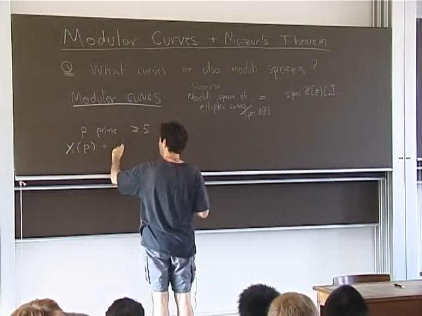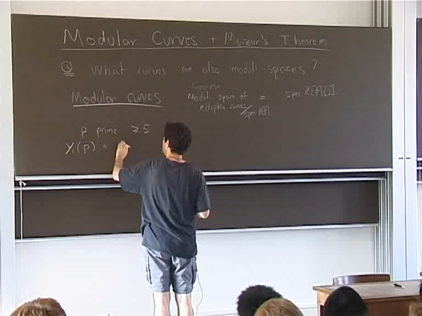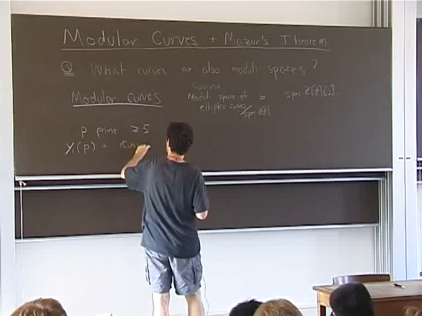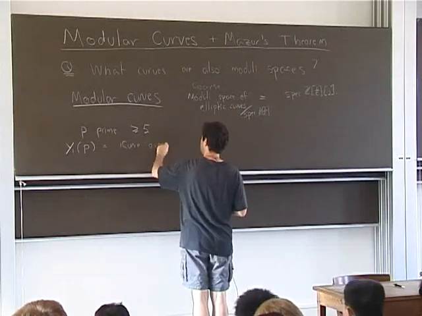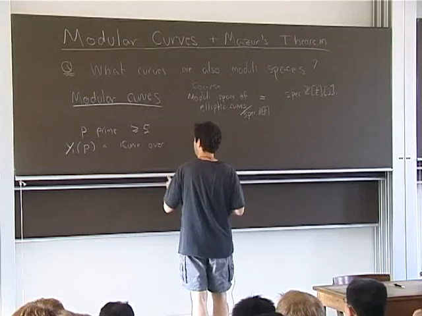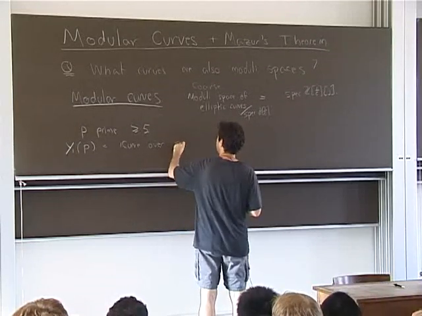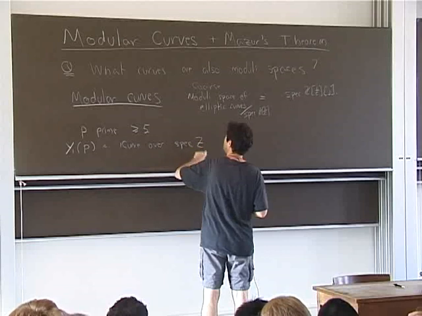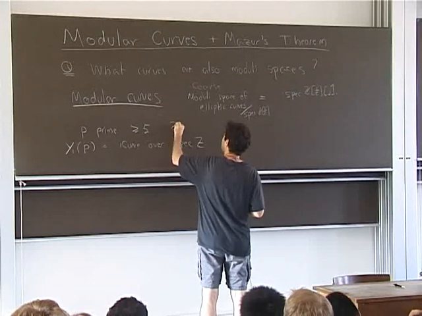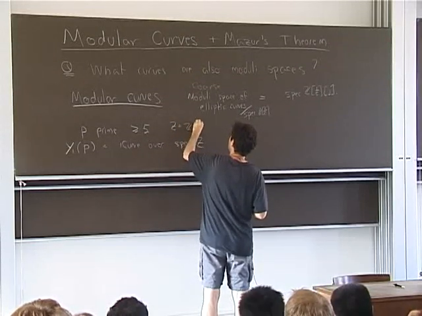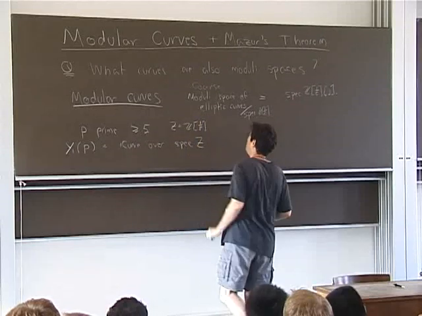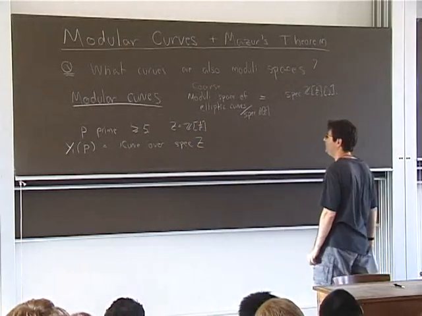So this is the moduli space, or it's the curve over Spec Z, where here I'm going to let Z be the ring Z[1/p], the ring where I invert the prime p.